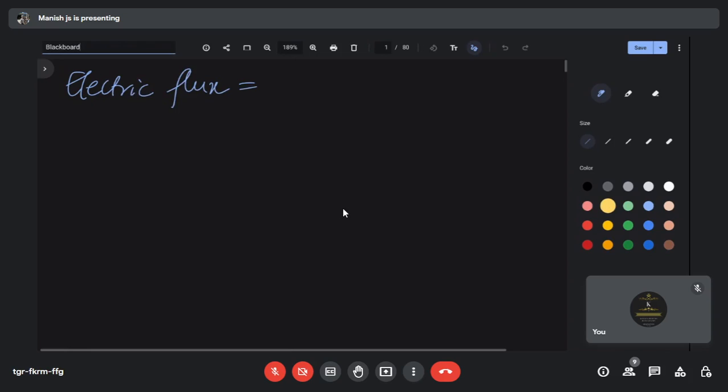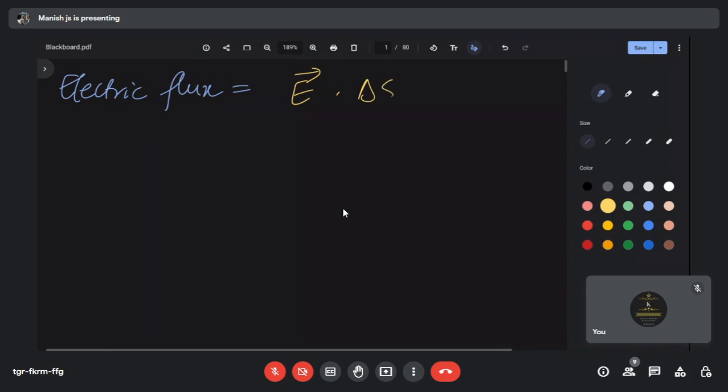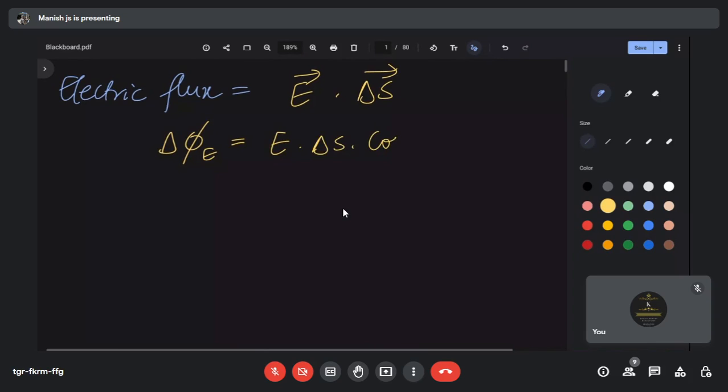Electric flux through a particular given area: the term electric flux means, in a given area, the electric field and the total number of electric lines of force passing through that area. So we can simply say it is the dot product of the electric field and the area element, E bar dot delta S. The electric flux delta phi E is nothing but the dot product of two vectors, so you can write it as E into delta S into cos theta.